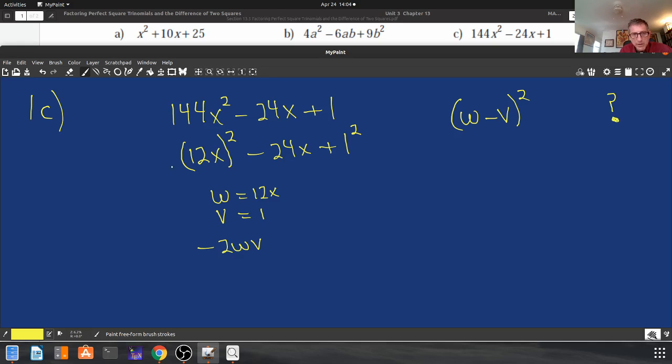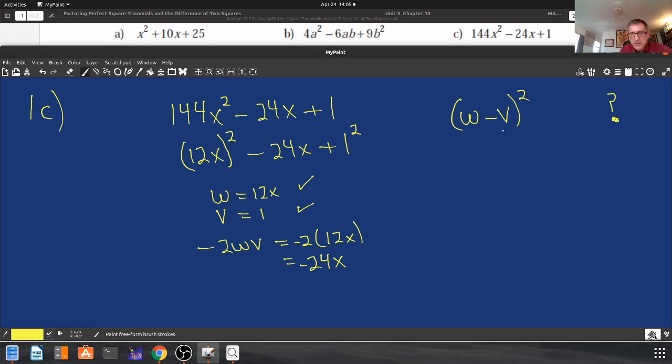That's the question I am asking. So, I found a w and I found a v. Now all I have to do is discover if minus 2wv is minus 24x. Well, minus 2 times 12x times v, which is 1, is equal to minus 24x. And that's what I have up here.